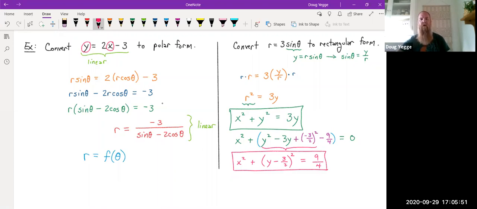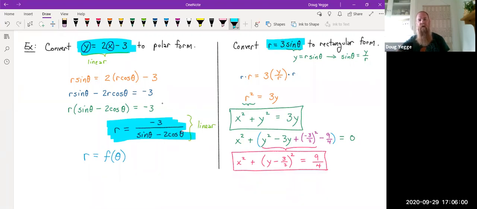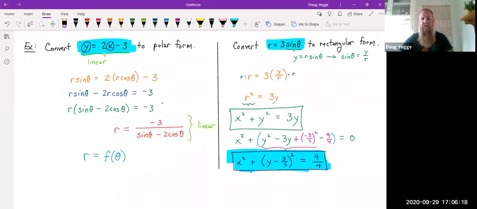So in one form, we went from rectangular and converted into polar. Now we're starting with polar and converting into rectangular. Now it's going to turn out that for a lot of these, I would much rather graph the rectangular equation for the linear one on the left, as opposed to trying to graph this one down here.